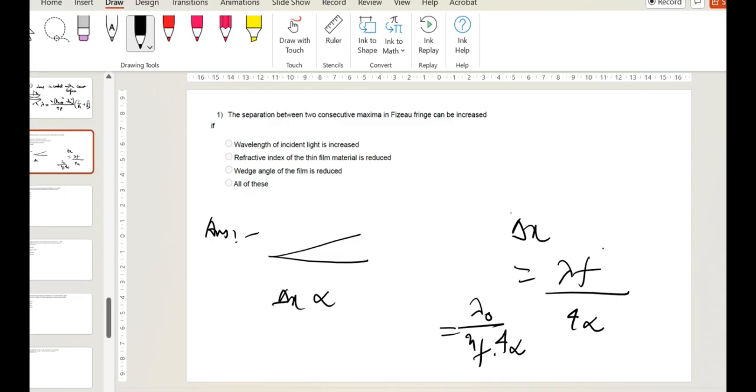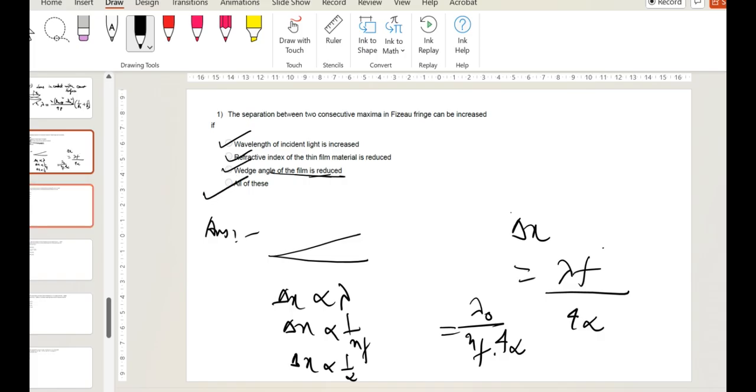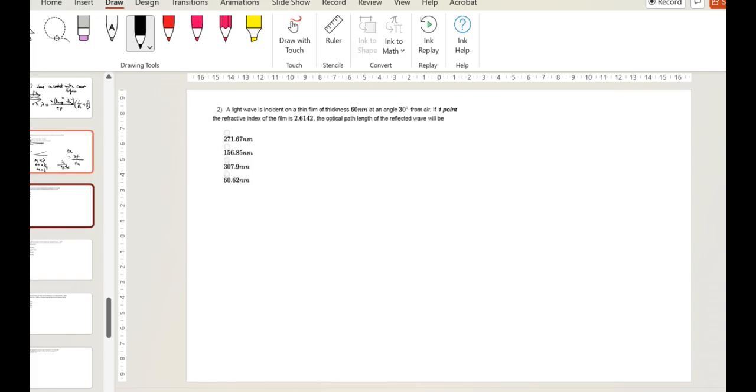So delta x is proportional to lambda, which is right. Delta x is proportional to 1 by nf, that is also right, so if nf is reduced, delta x will increase. And delta x is proportional to 1 by alpha, so when the wedge angle is reduced, delta x will be raised. So all of these are right. This is my answer.